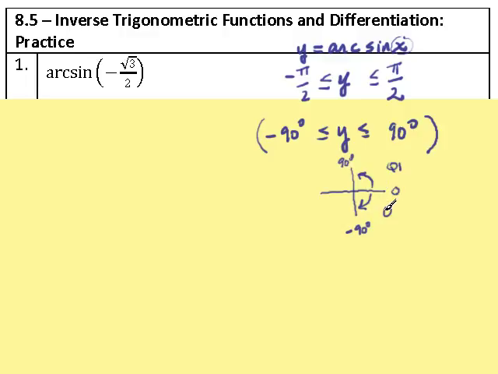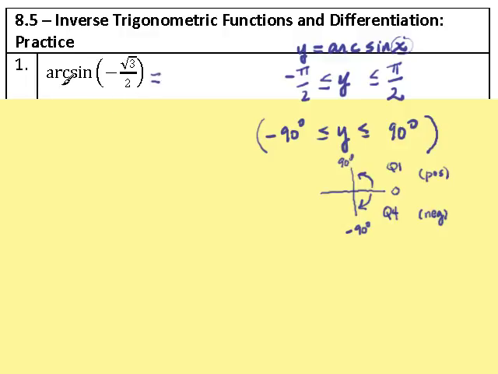That's quadrant 4. In quadrant 1, sine is positive, and in quadrant 4, sine is negative. That's important.